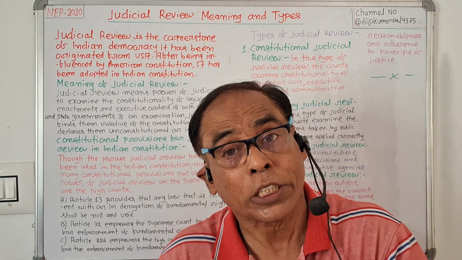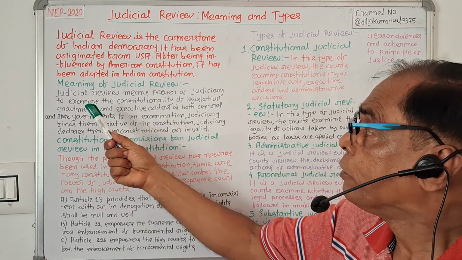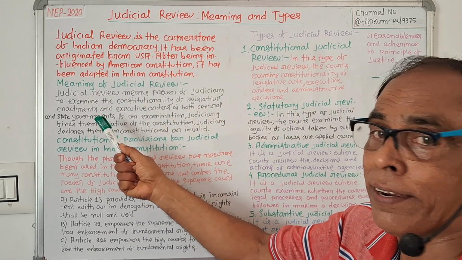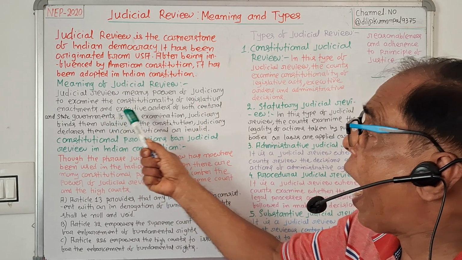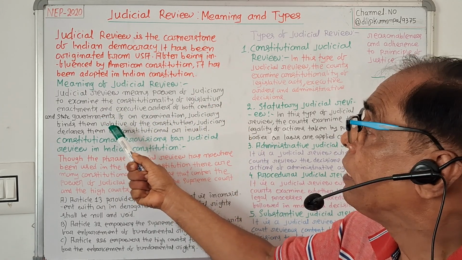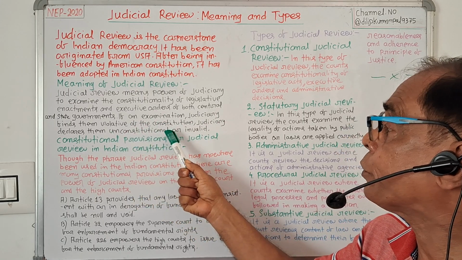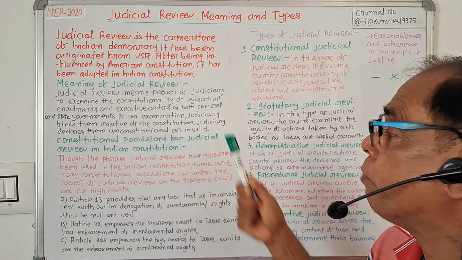So, what is a judicial review? Meaning of judicial review. Judicial review means power of judiciary to examine the constitutionality of legislative enactments and executive orders of both central and state government. If on examination judiciary finds them violative of the constitution, judiciary declares them unconstitutional or invalid.